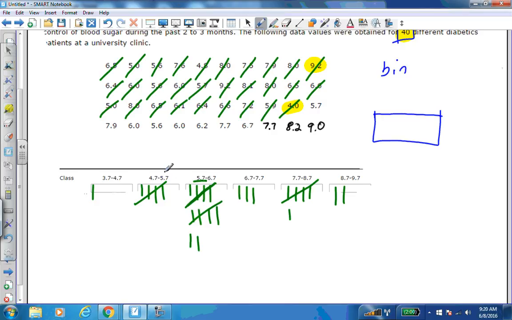We're not including the upper boundary, we are including the bottom one. So 5.7 is in this one.